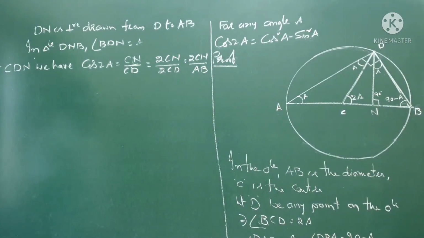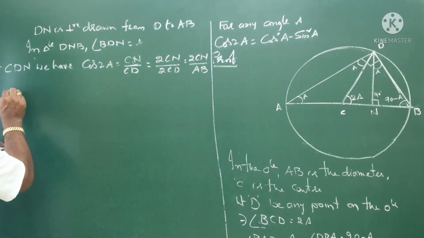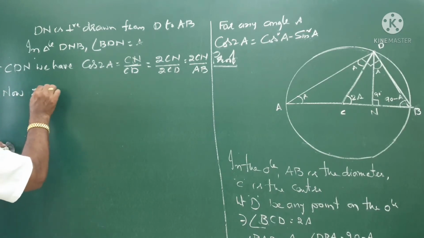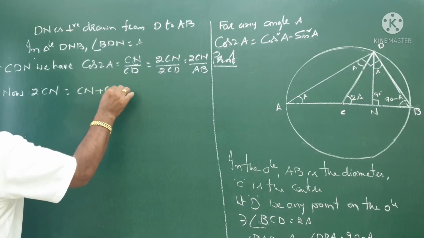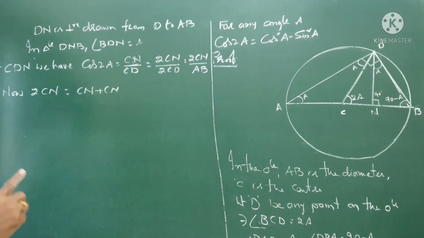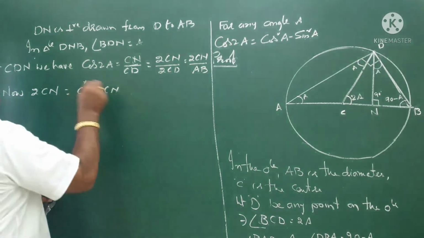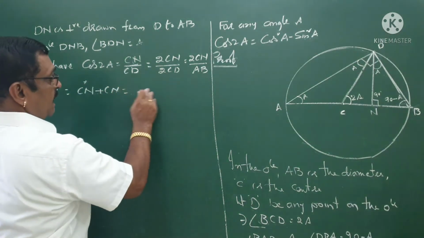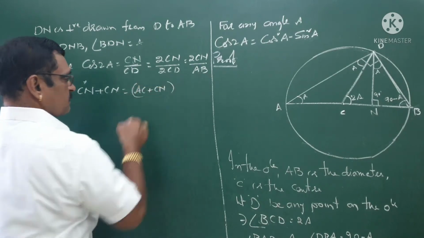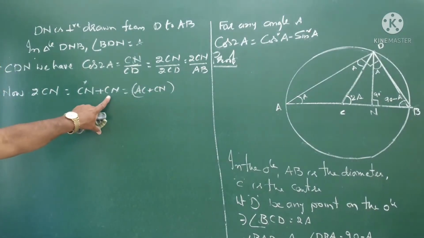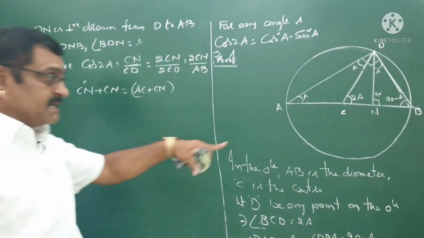Now I will focus on 2CN. Look carefully. 2CN is nothing but CN plus CN. I add and subtract one quantity. For one CN, I add AC, giving AC plus CN. For the other, I subtract AC.